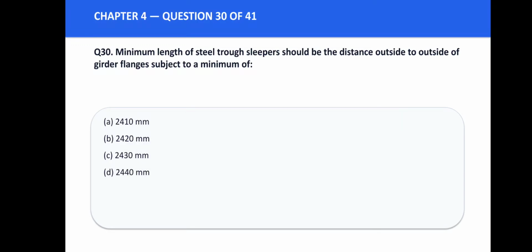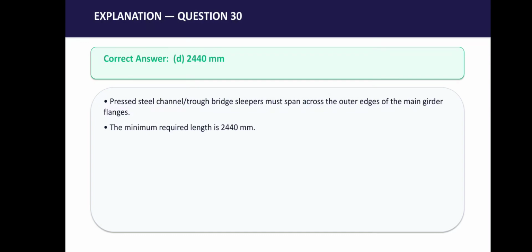Option D, 2440 millimeters. The correct answer is option D, 2440 millimeters. Explanation. Pressed steel channel or trough bridge sleepers must span across the outer edges of main girder flanges with a minimum length requirement of 2440 mm.